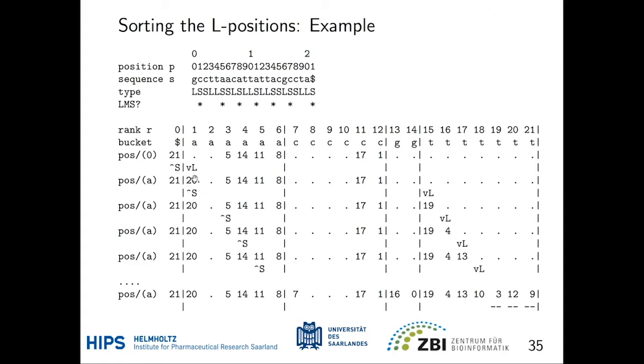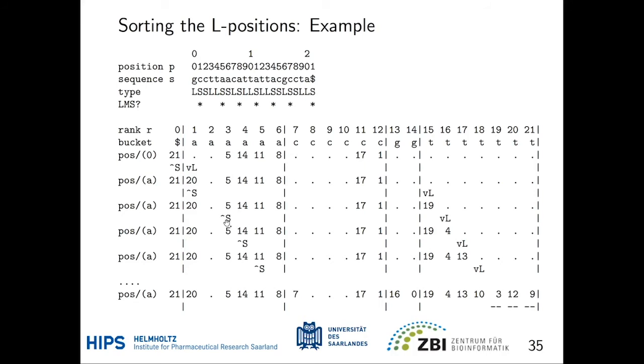Now we are looking at the position that precedes position 20 in the text, which is going to be T. It is also an L position. So what we do, we put it into the first unoccupied position of the bucket corresponding to T. Then we move down one index in the suffix array. This is unoccupied, so we skip it.